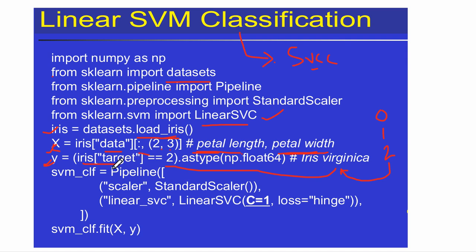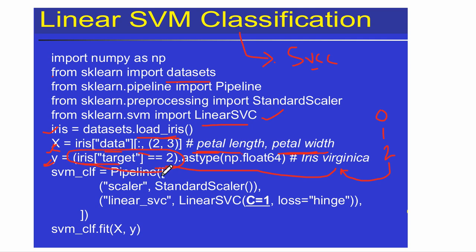So what we have to do here is, if the iris target equals 2, that belongs to Virginica, it returns a true value.